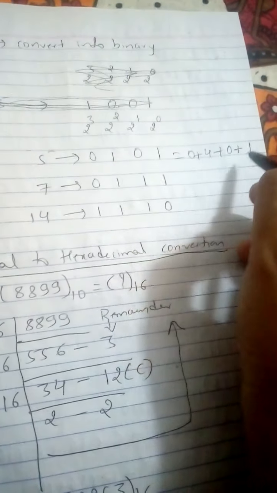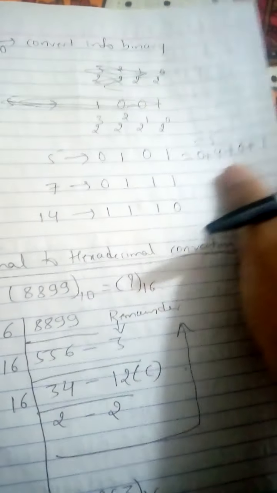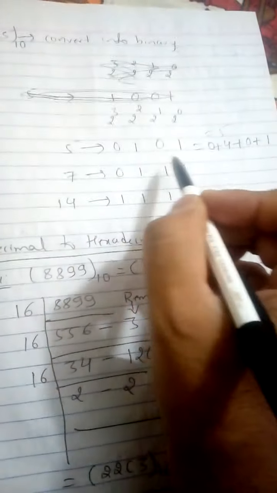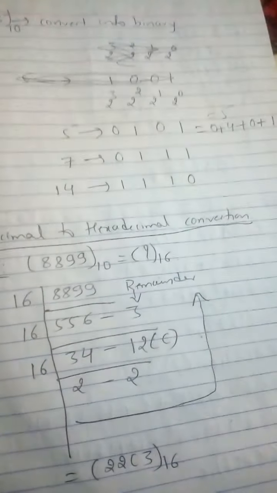After adding all these bits, 0, 4, 0, 1, I am getting the answer as 5, right? So in these places, either I need to fill with 0 or 1. After adding these bits, we need to get the decimal equivalent of the given number.